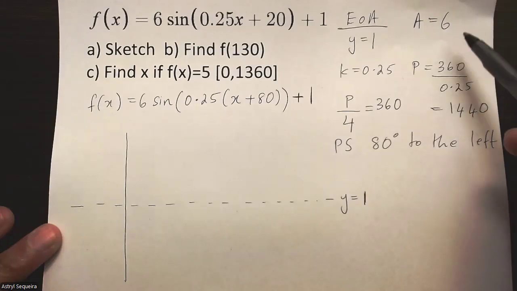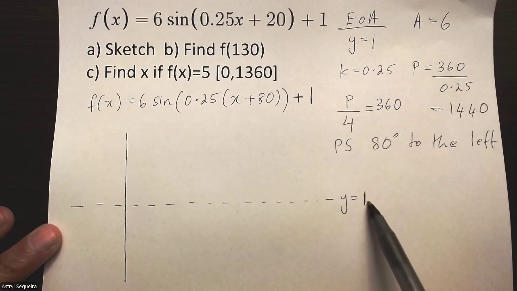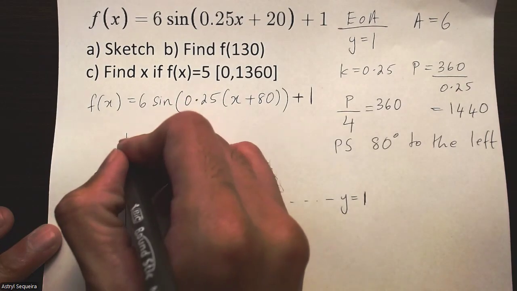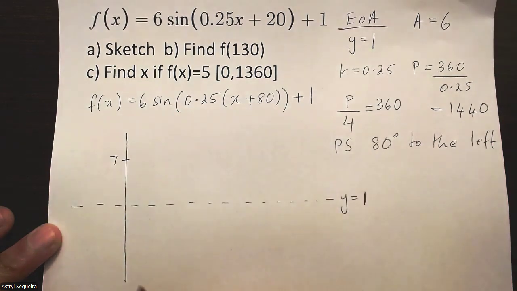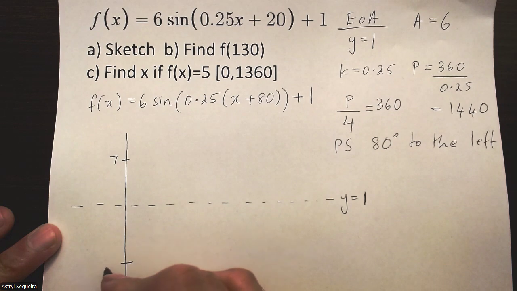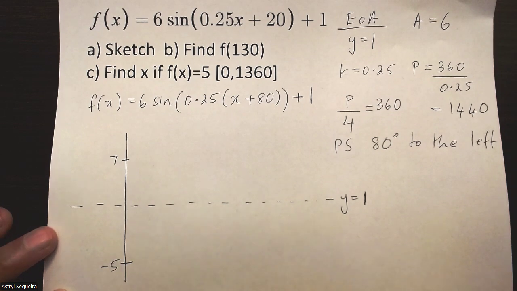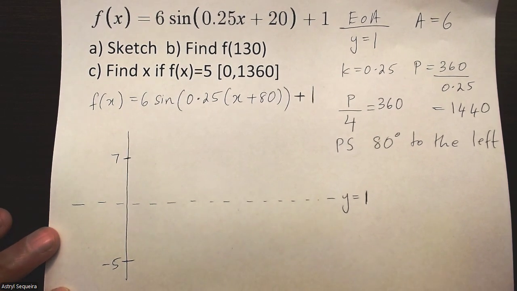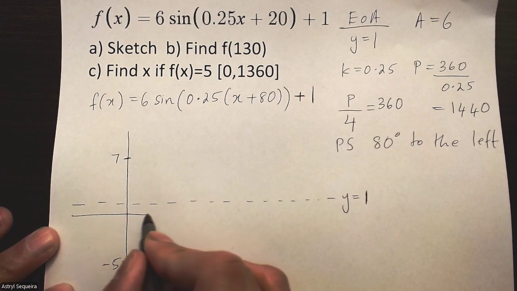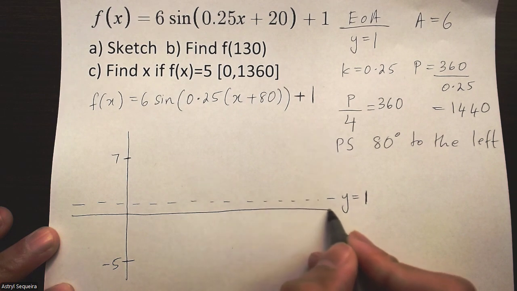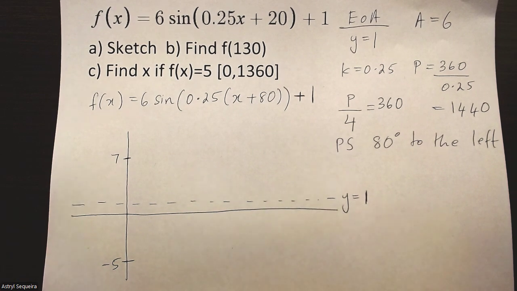My amplitude is 6, so my maximum is 1 plus 6, which is 7. And my minimum is 1 minus 6, which is -5. Next, I'll draw my x-axis, which is right over here, slightly below 1.